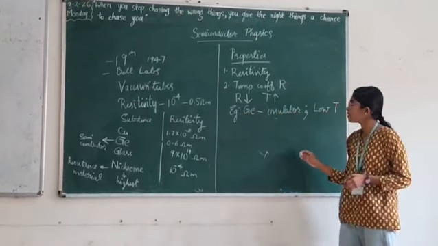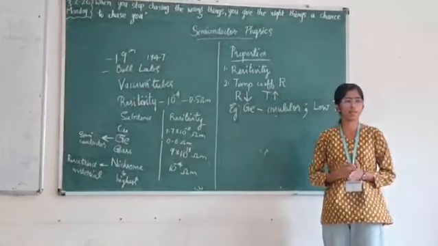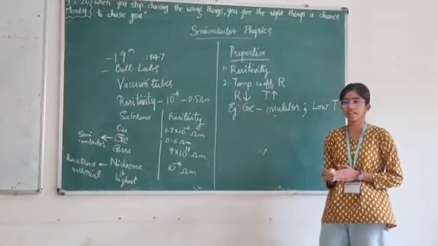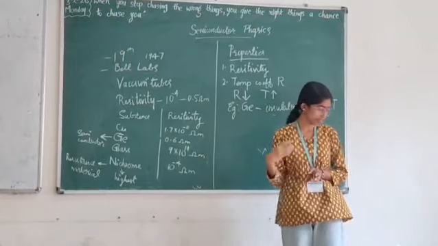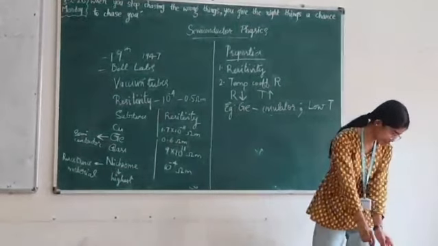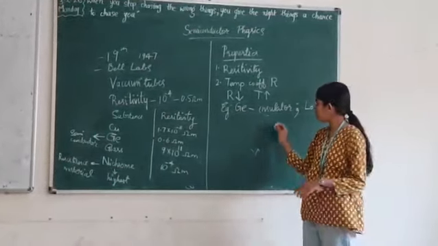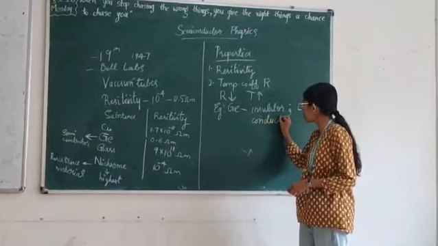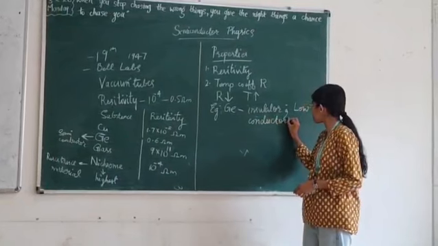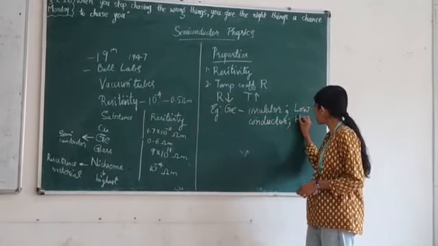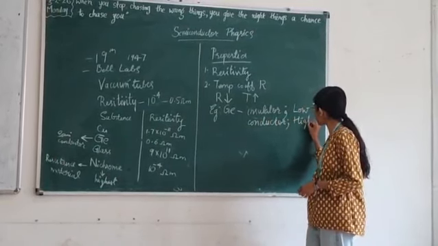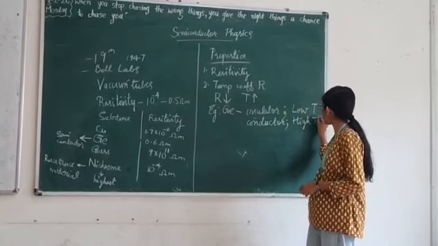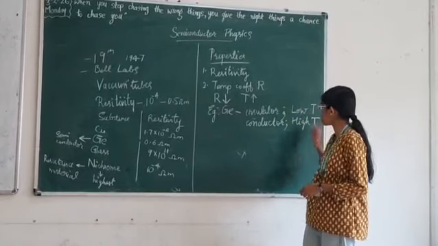That means if I am keeping this germanium at a very low temperature, it can't conduct electricity, or it acts as an insulator. And at high temperature, it acts as a conductor. So this is the second property of semiconductors.